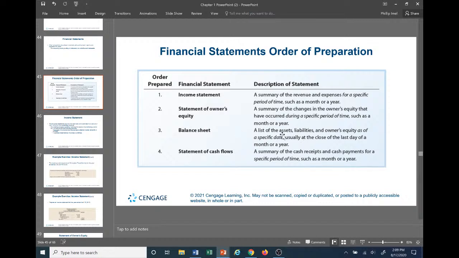And we know that it's as of a specific date because, as we can see from earlier in this lesson, every single transaction that occurs has a direct effect on assets, liabilities, and owner's equity. That is why the balance sheet is only for a point in time, a specific date, because once another transaction has happened from the time that balance sheet has been produced, then it is totally null and void, because that means assets, liabilities, and equities have already moved based upon that one transaction.